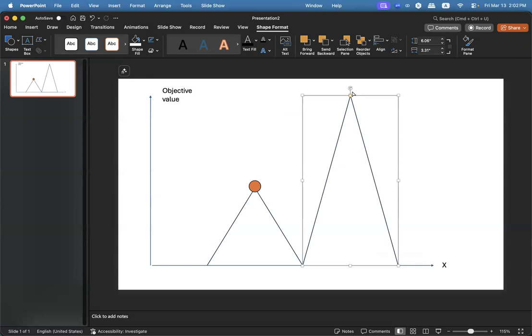And when we are talking about search problems, when we see an area where the objective value has a pointy edge, a point that is slightly bigger than anywhere else, then we call it a local optimal.